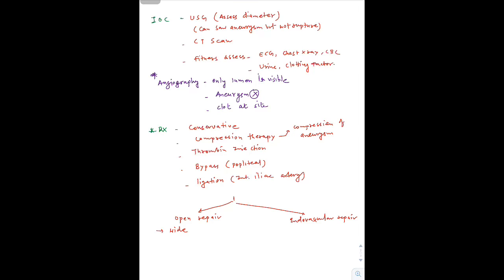So that is called an open repair. We'll do a wide incision in the abdomen, then stenting, grafting. This graft and stenting is called an inlay Dacron grafting.